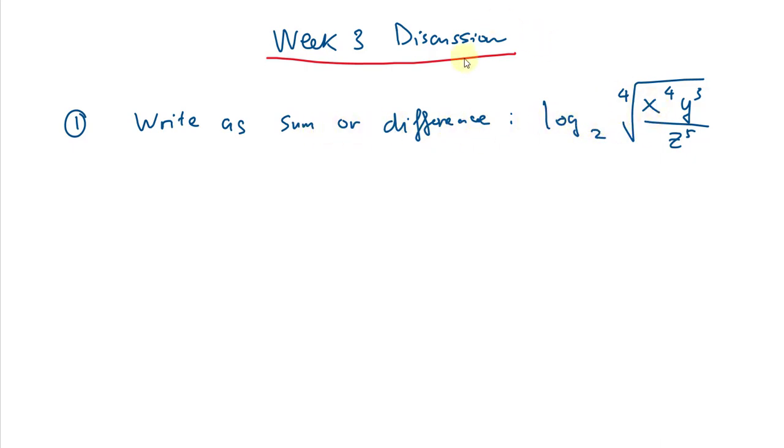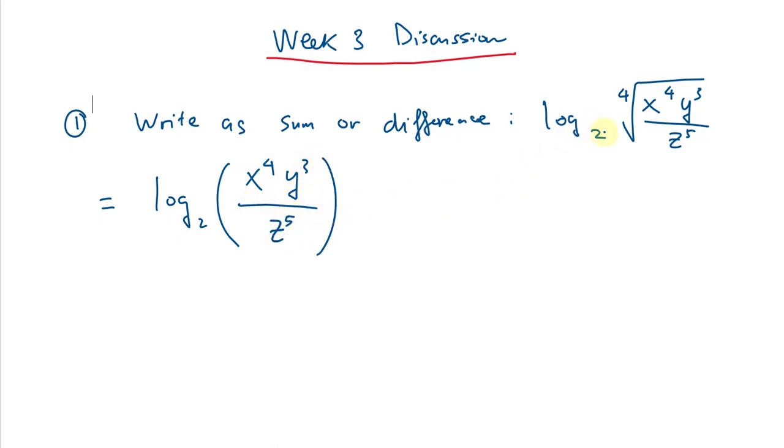log. Okay, so first thing you see that this is the log base 2 with the radical with the index of 4, and you know that we can first rewrite the radical as x to the 4 y 3 over z to the 5th power, and the radical of 4 means to the power of 1/4.